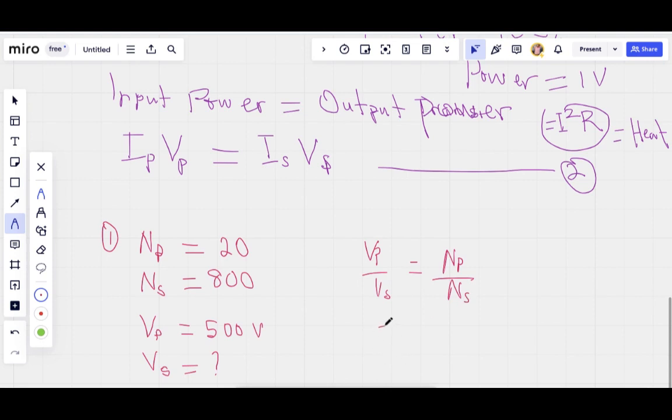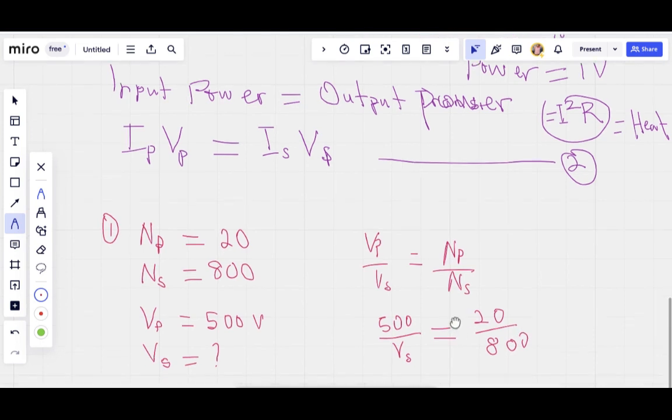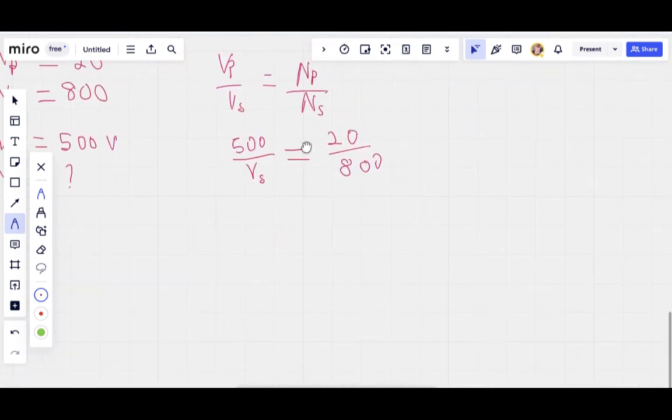VP is 500, so 500 over VS, that's what they asked us to calculate, is equal to NP, which is 20, over NS, which is 800. The next step is for us to cross multiply.